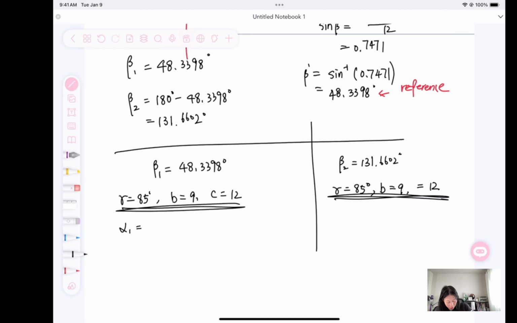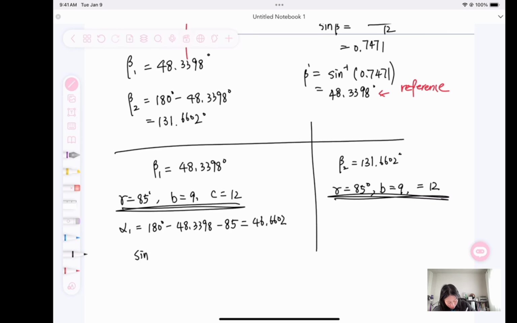The first alpha would be 180 degrees minus 14.83398 minus 18.5. Again, I'm going to use a decimal. I got 146.6602.